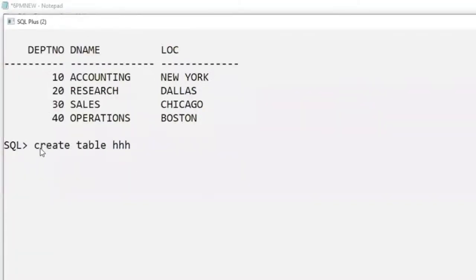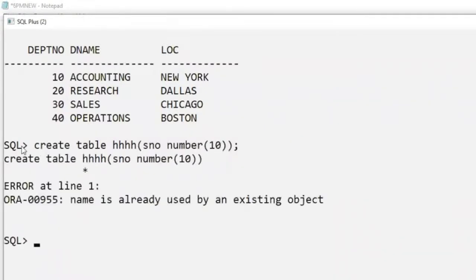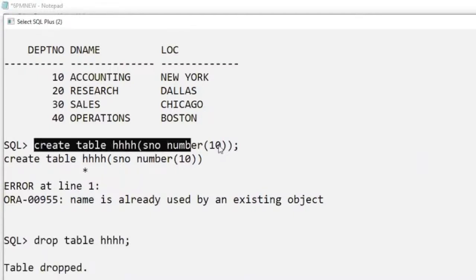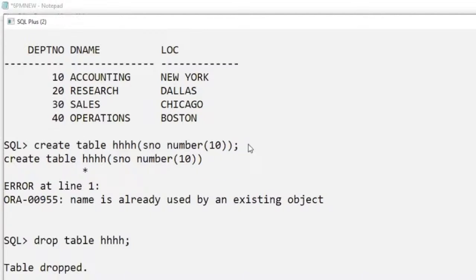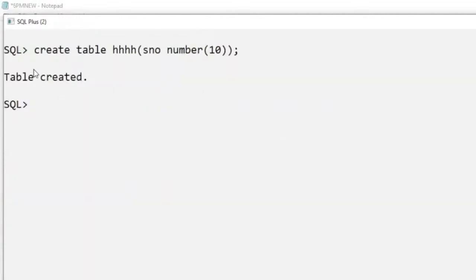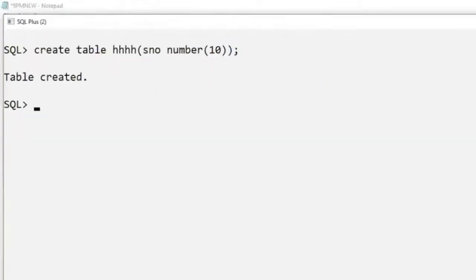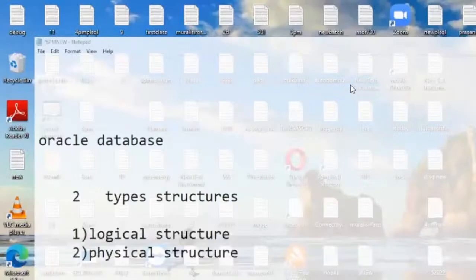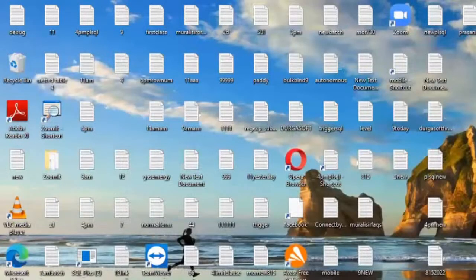Here, already these tables are there. Now suppose I'm creating this table in my database. Whenever I'm creating a table, this is not visible in the operating system.